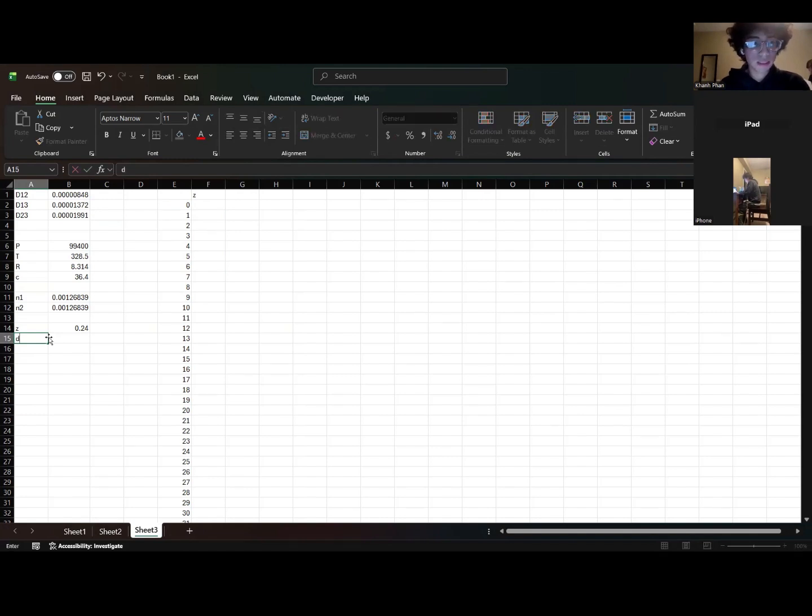Then we would have DZ. Since we have an increment of 1,000, we're going to divide it by 1,000, so we have 0.00024 as our increment. Then we're going to do Y1 over here, Y2 over here, Y3 over here, and then dY1/dZ, dY2/dZ.